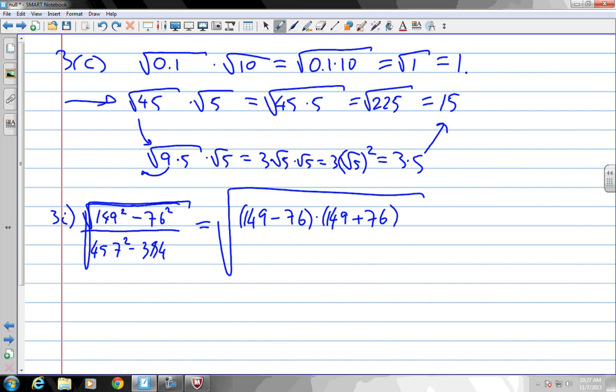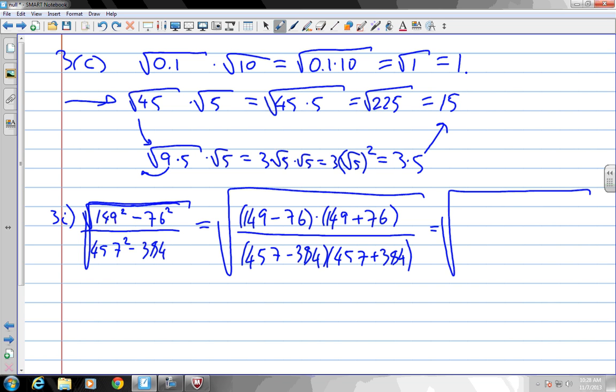And the same thing in the denominator, 457 minus 384 and 457 plus 384. Okay?